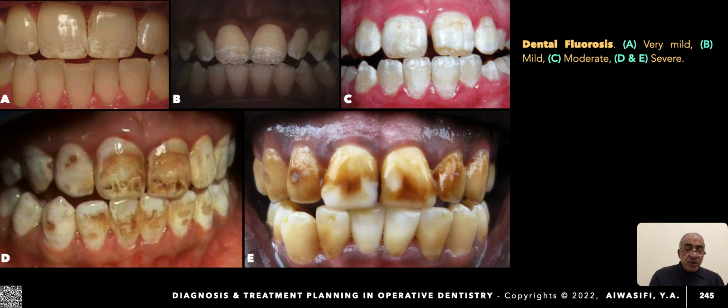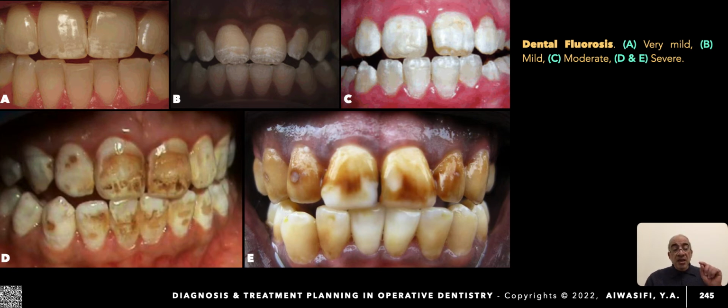The major differential factor in such a case, where you may be confused or misdiagnose between hypomineralization and fluorosis, especially in very mild and mild cases, is the history of the patient.